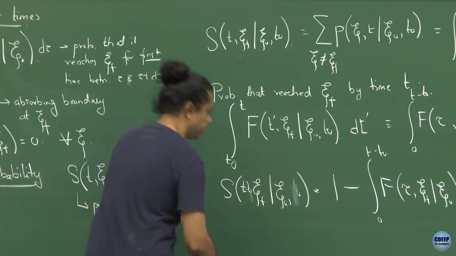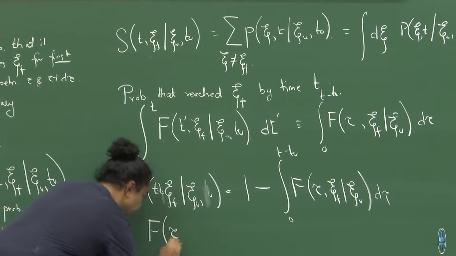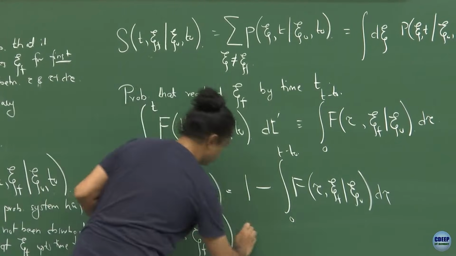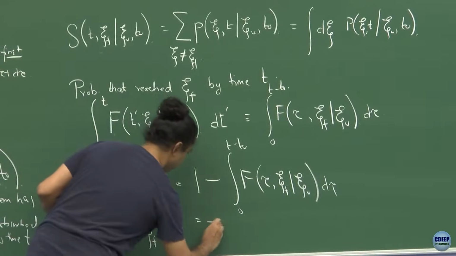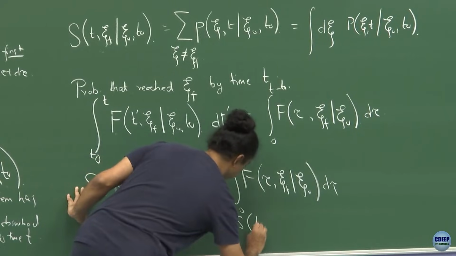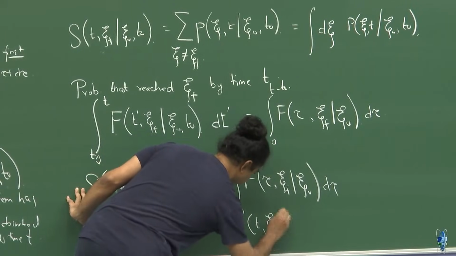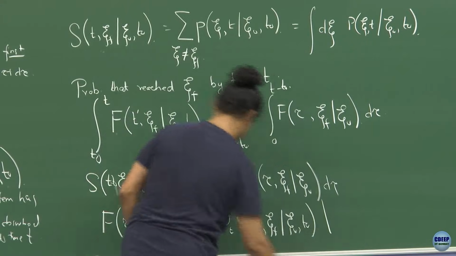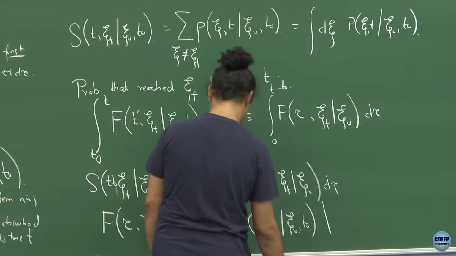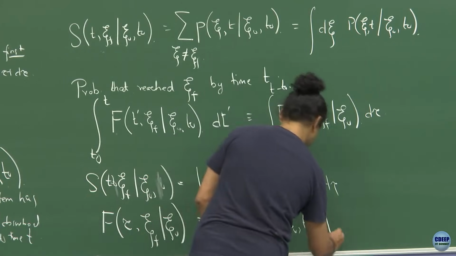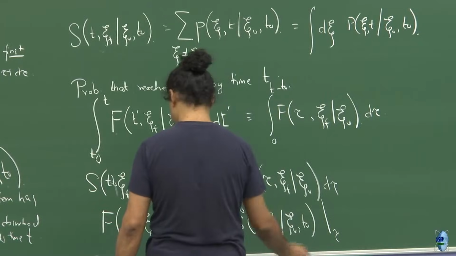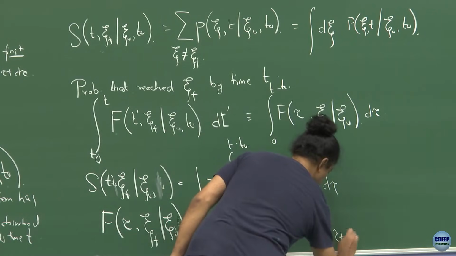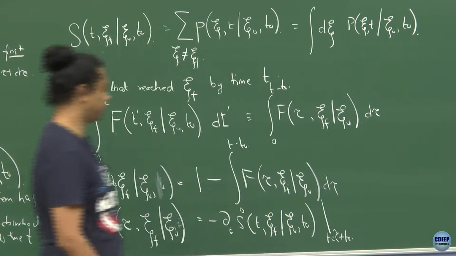So, if I just take this derivative, if I want to write this distribution of first passage times f of tau to reach the final state starting from this initial state, I will take a derivative, minus del t of this survival S of t, xi f, xi naught, t naught, evaluated at t naught plus tau.